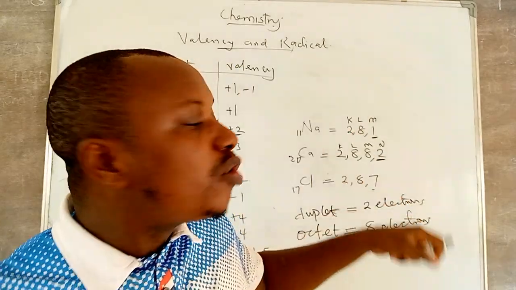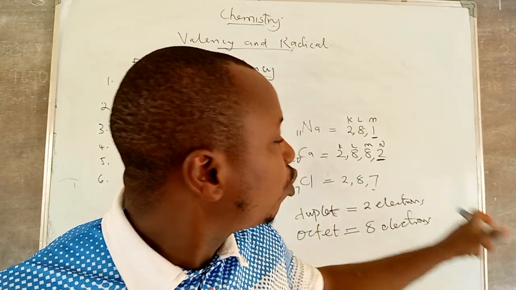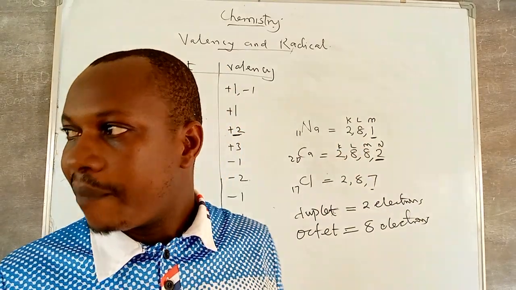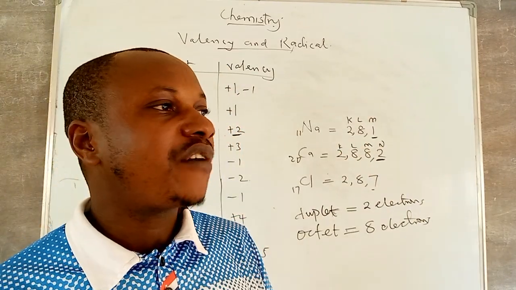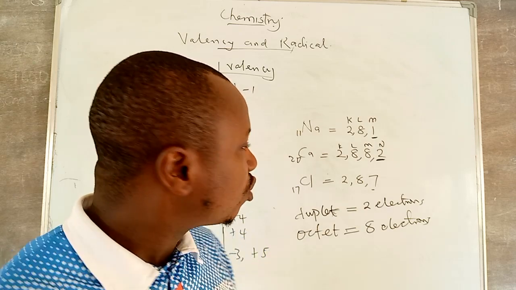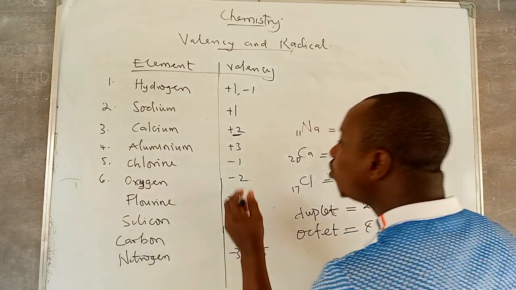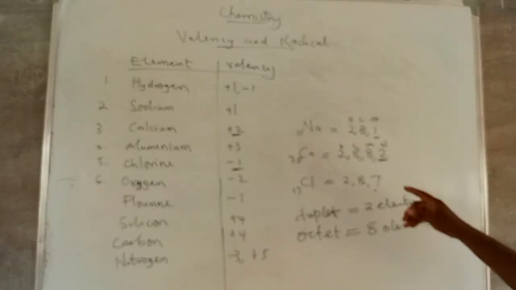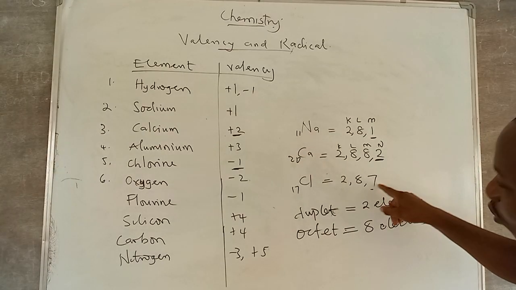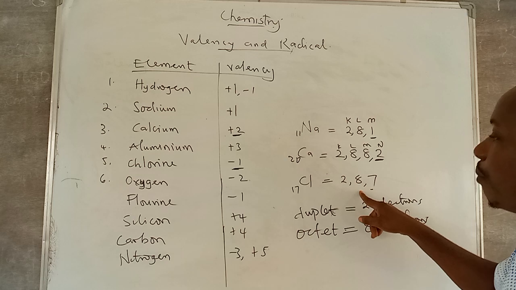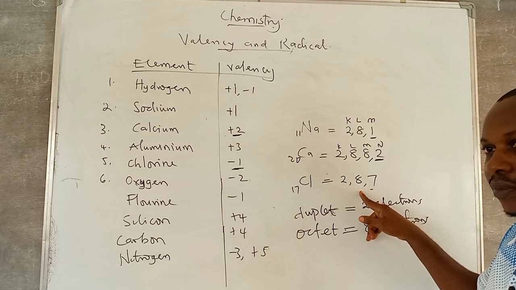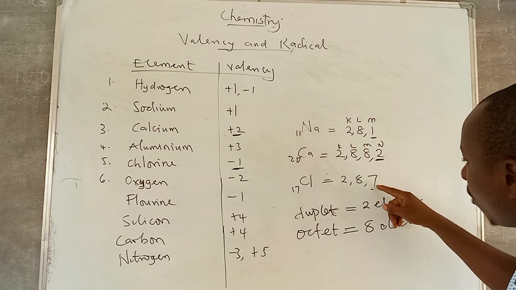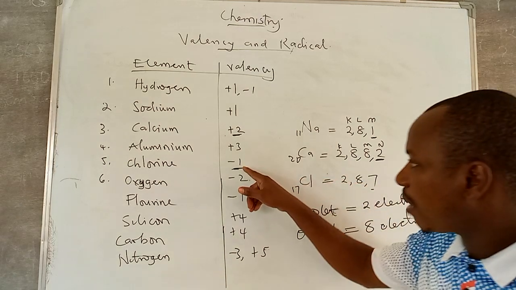So instead of chlorine losing 7, it will accept 1. And remember what I said earlier, if you accept an electron, you automatically become negative. So that is why the valency of chlorine is -1. Chlorine will accept 1 electron to become chloride ion, and that makes the outermost shell 8.